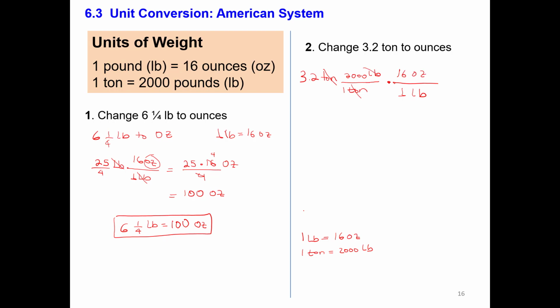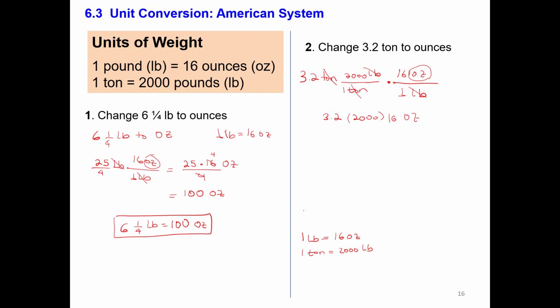In this way, the pounds cancel out, and the final answer is in ounces, which is the unit we want. And let's see, we have on top 3.2 times 2000 times 16, and in the denominator 1 times 1, which is 1. Then we don't need to write that.